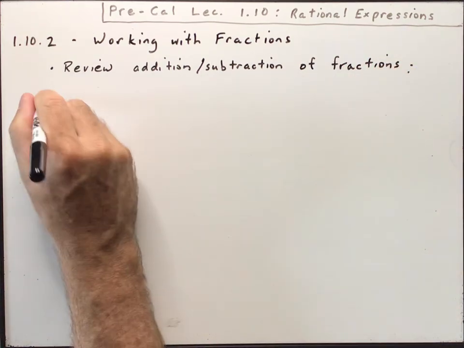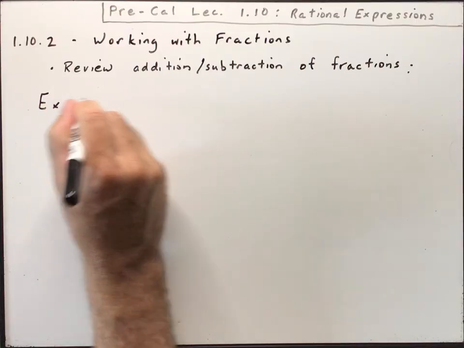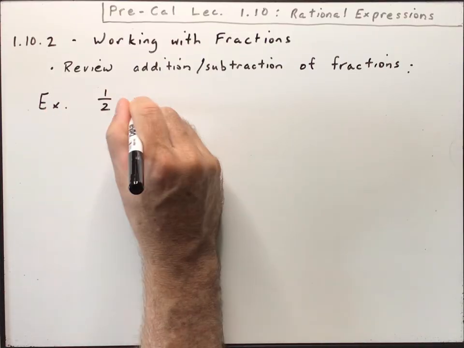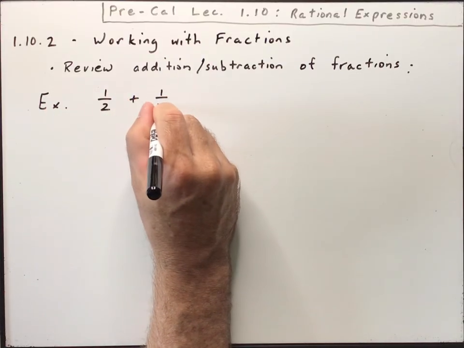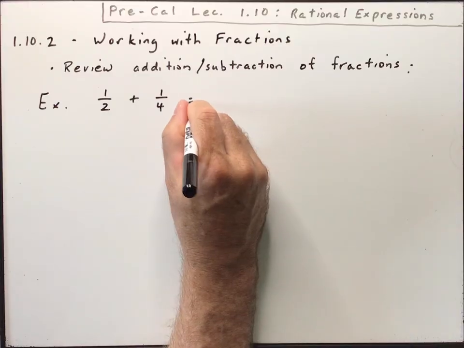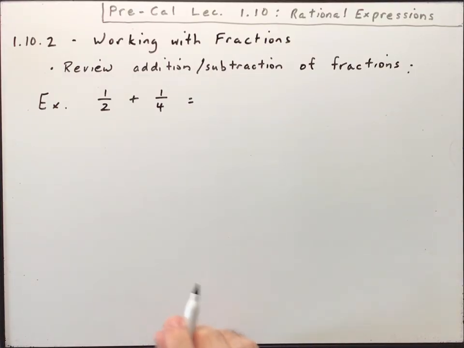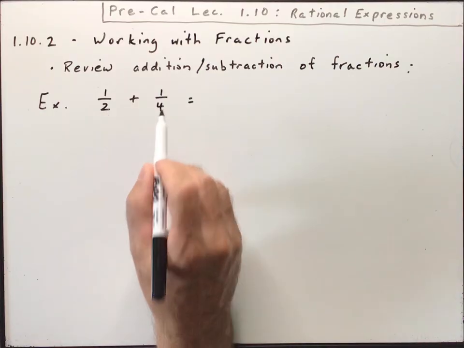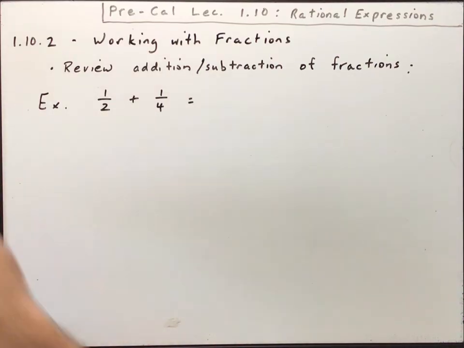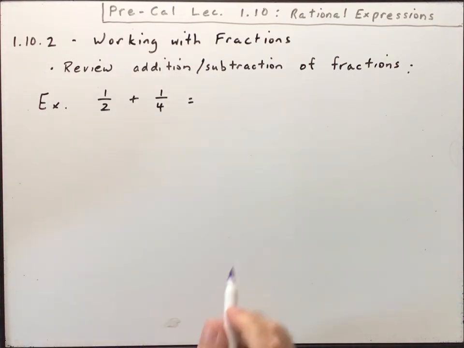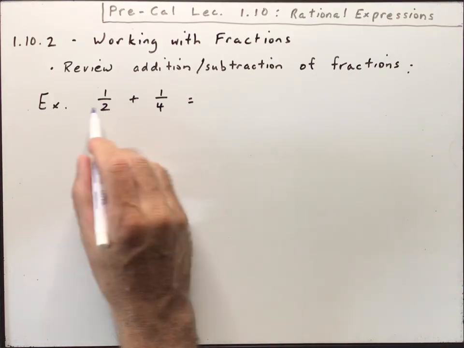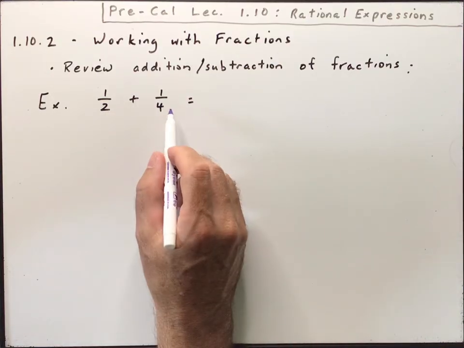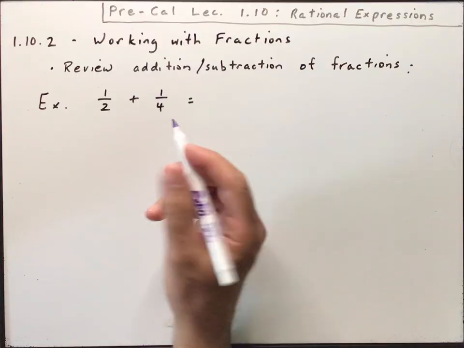So let's say we have 1/2 plus 1/4. What does that equal? Well, we need to get a common denominator. So what I want to do is multiply one or both of these fractions by a clever version of 1.